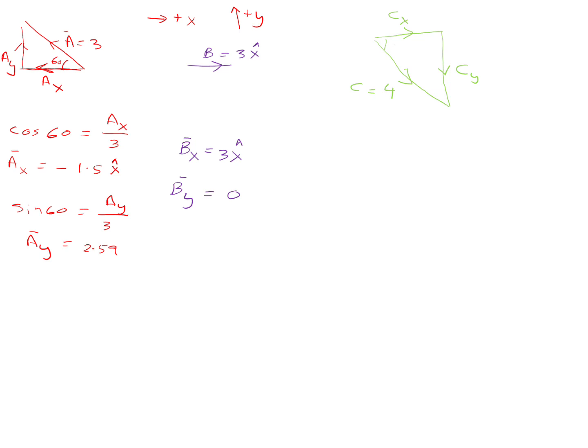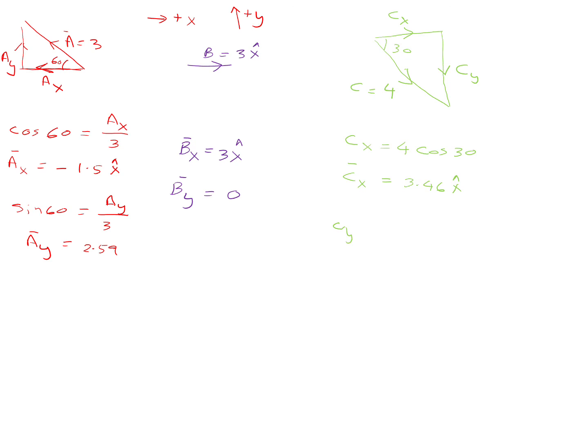This angle is 30, so you can write C_x equals, if you take cosine, C_x over 4, therefore 4 cosine 30, which is C_x vector. C_x equals 3.46 x hat along its direction.